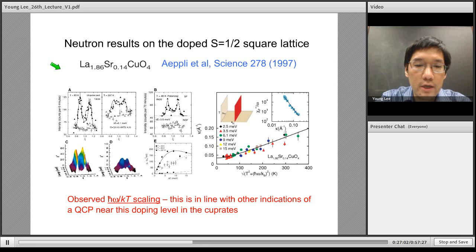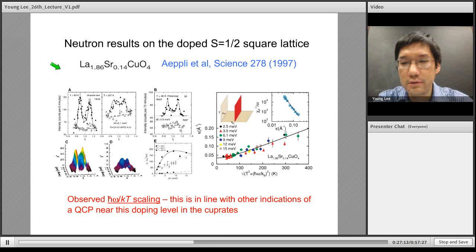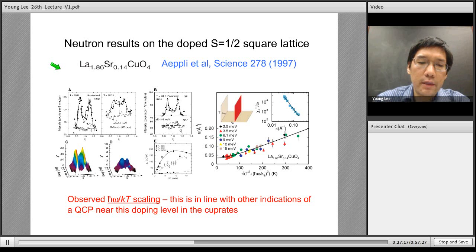And this is work done by Aeppli and co-workers on 14% strontium doped lanthanum copper oxide. So there's a lot of background that goes into this. I don't want to go over all of the details, but there is one difference that you can readily see between the low doping and the more highly doped materials.